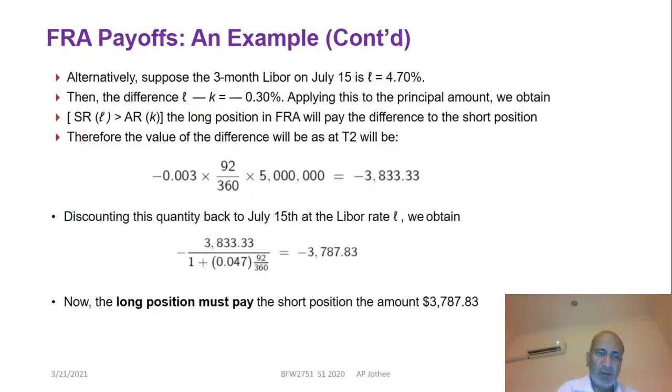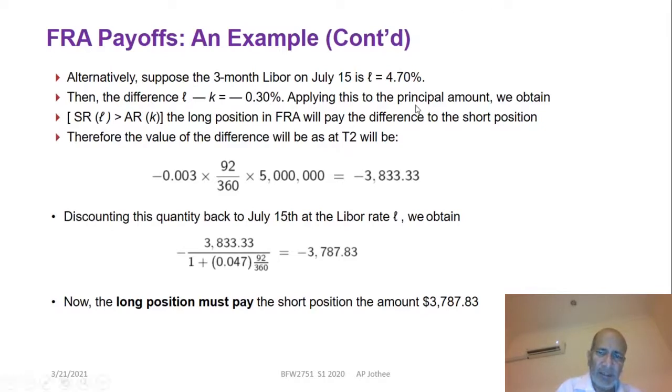Okay. Now, alternatively, suppose the 3-month LIBOR becomes 4.7. What happened is not up, it's down. So still, you as a borrower, you would have gone to buy the FRA long position. The difference is L minus K. It becomes negative 0.3 because 4.7 minus 5% will be 0.3% minus.